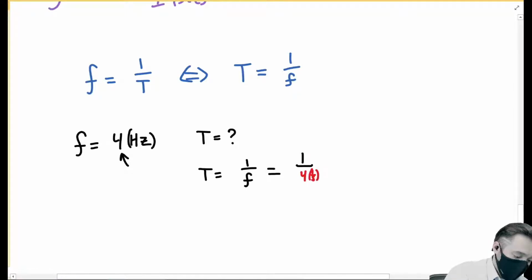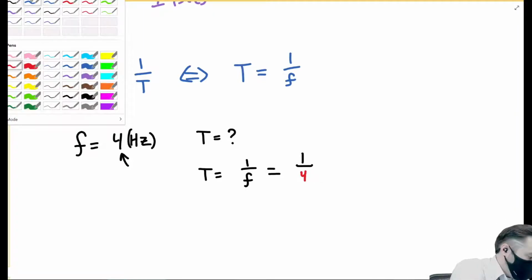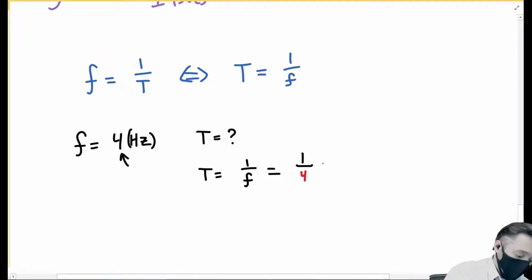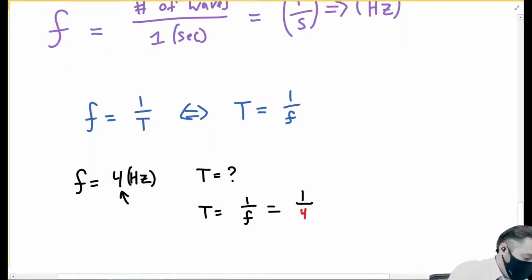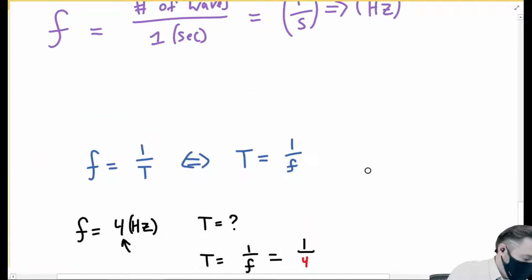For the units, that's just going to be seconds in the numerator, and that matches up with what we know about the period. I should have put that up here, the period. Should have made some space.